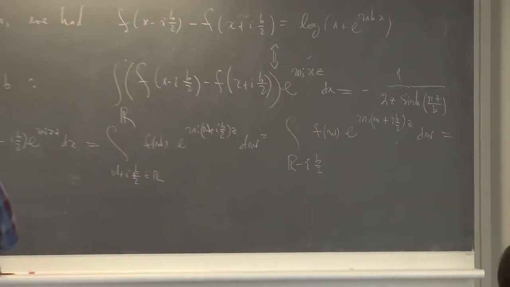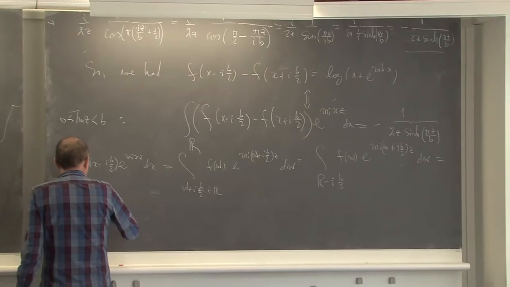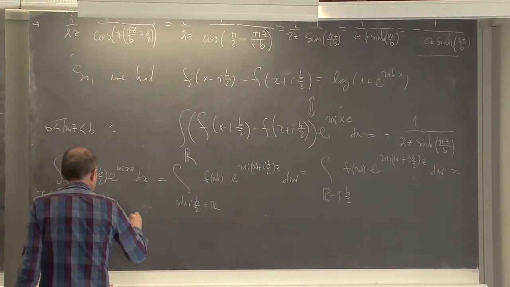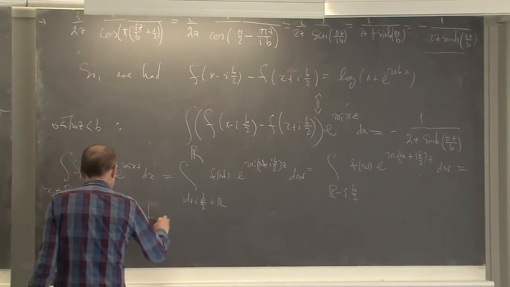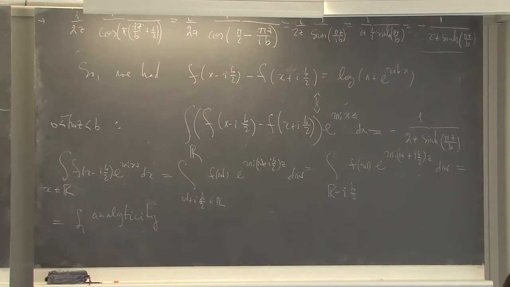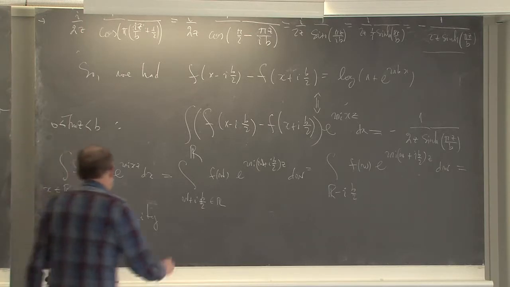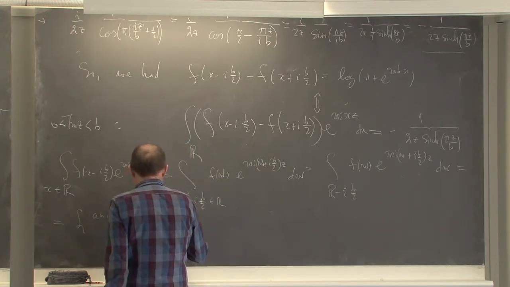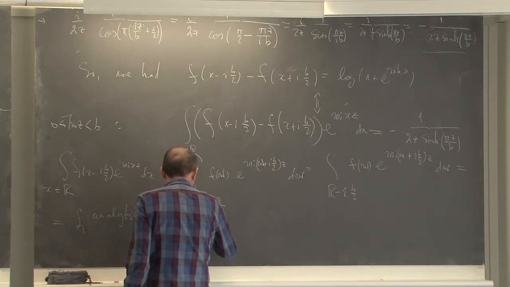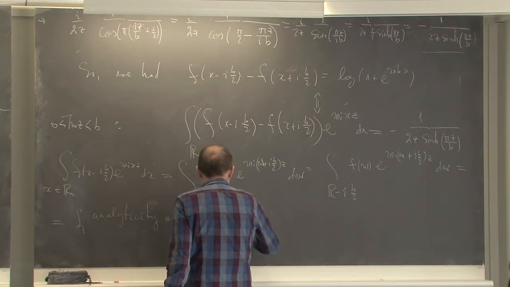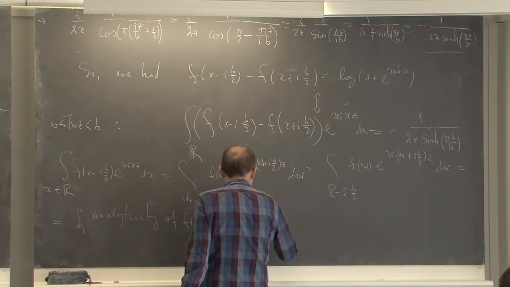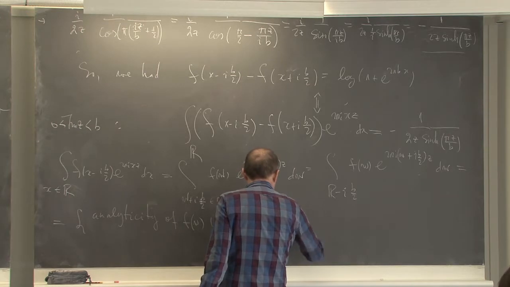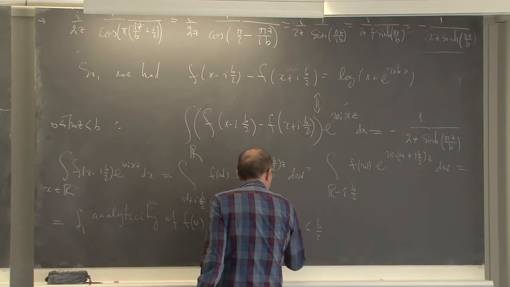Analyticity. Is it correct? Somehow today I have a problem with pronouncing this. Analyticity of f of w in the strip, imaginary part of w less than b.